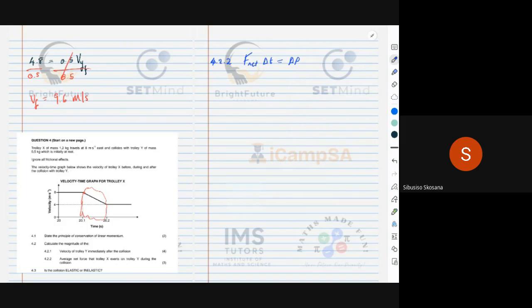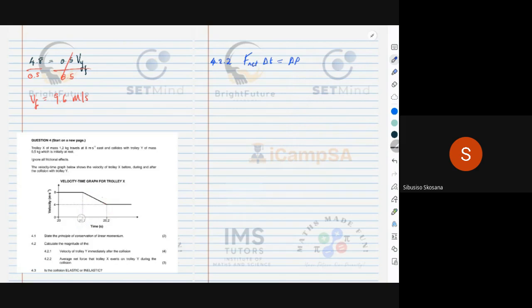So let's put this to the test now. The time here is not 20.2. The time is going to be the difference of this time and this time, because this is when the collision happens. So we have to subtract this from this.